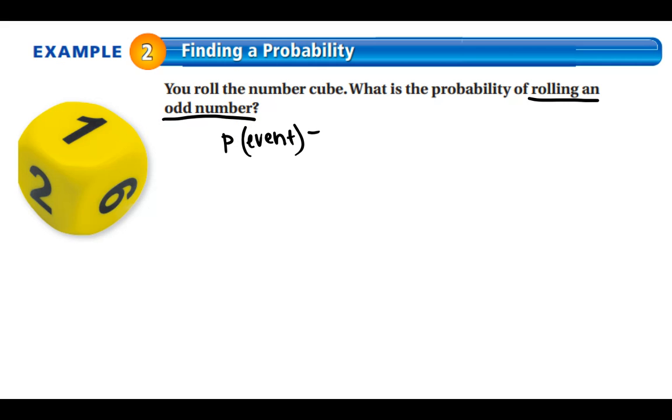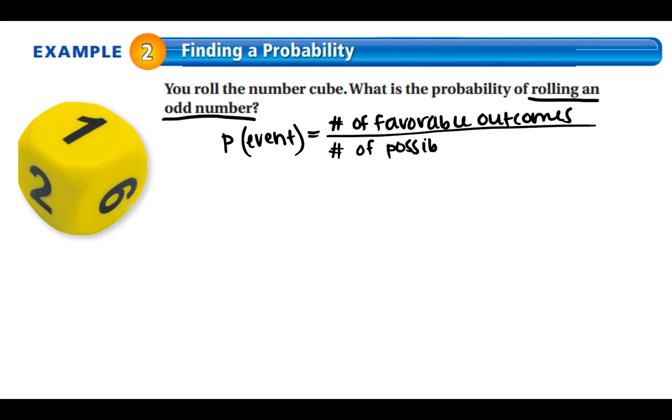And that is probability of an event is the number of favorable outcomes over the number of possible outcomes. All right. So this specifically is going to be the probability of rolling an odd. So I'm going to fill in odd there.